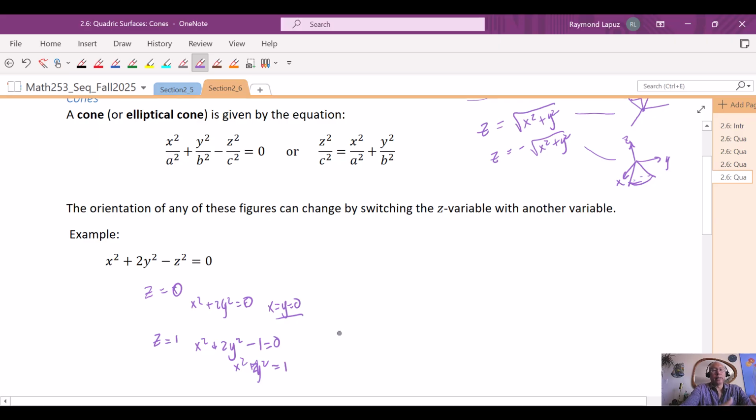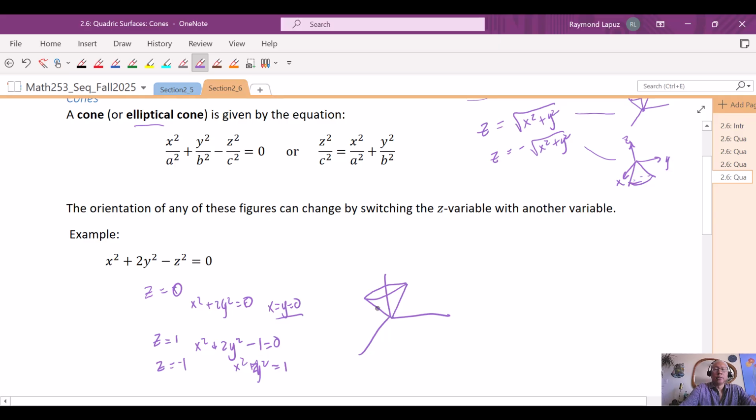And so here now it starts taking an elliptical shape, and that's why sometimes this is called an elliptical cone. And this is happening for z equal to 1, but it also would happen when z is equal to negative 1. So we get that symmetry of the shapes.